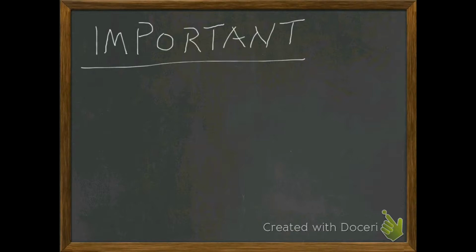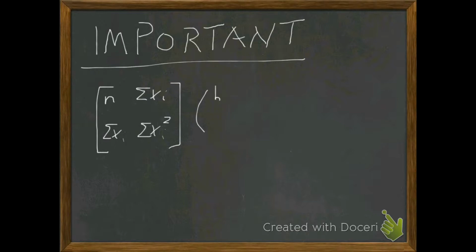Now, from previously, the way that we came up with the estimates of beta 0, beta 1 so far was, of course, solving this.